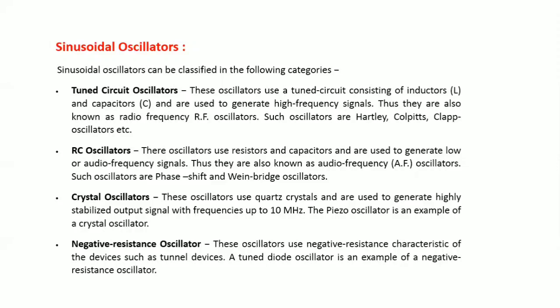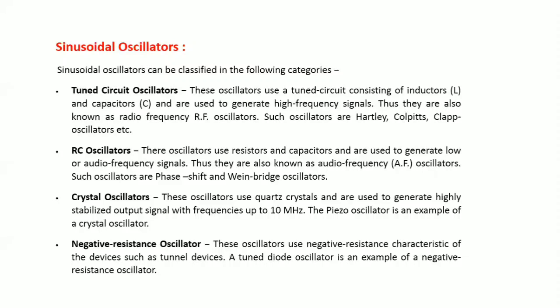These oscillators use tuned circuit components, which are inductors and capacitors, to generate high frequency signals. They are also known as radio frequency oscillators, and they are further classified as Hartley oscillator, Colpitts oscillator, and Clapp oscillator.